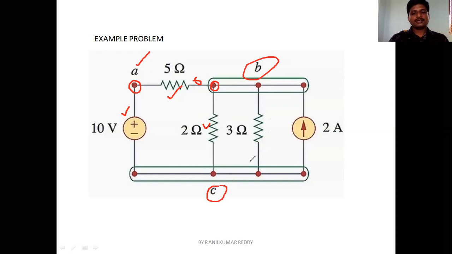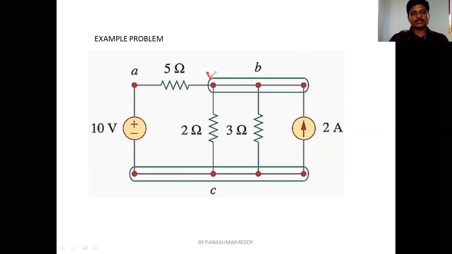Suppose one thing I want to say: if you have no element connected, but it is connected with a straight line, you have to understand it as a short circuit. When two nodes are connected with a short circuit, treat that as the same node. You don't have to number it with a different symbol.